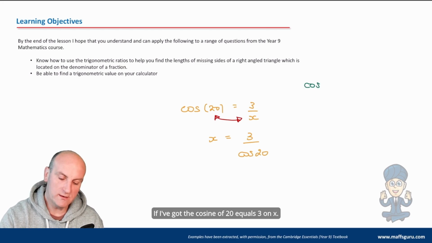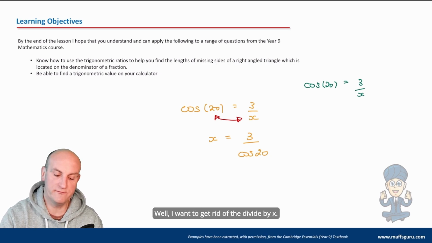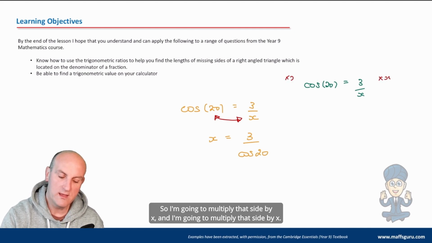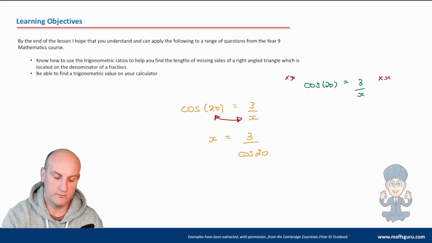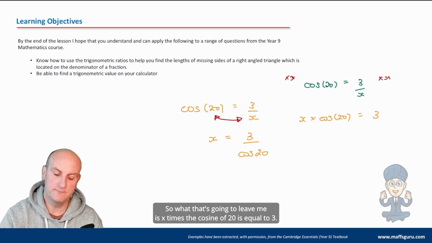But let's do the why this works. If I've got the cosine of 20 equals 3 on x, I don't like fractions, so what do? Well, I want to get rid of the divide by x. So what do I do to both sides? I times by x. So I'm going to multiply that side by x, and I'm going to multiply that side by x. So what that's going to leave me is x times the cosine of 20 is equal to 3.